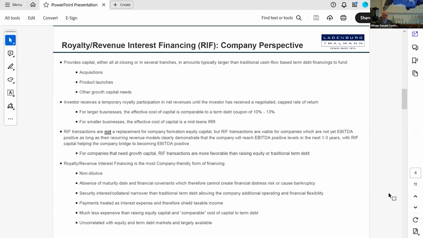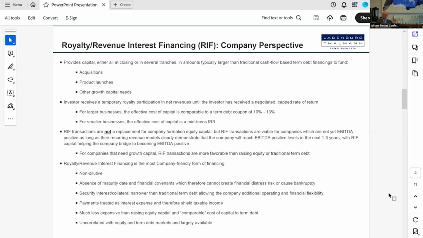the assets, et cetera. Importantly, RIF transactions are not a replacement for company formation equity capital. The RIF investors are not taking the basic equity risk of starting a new company. However, RIF transactions are viable for companies that are not yet EBITDA positive.